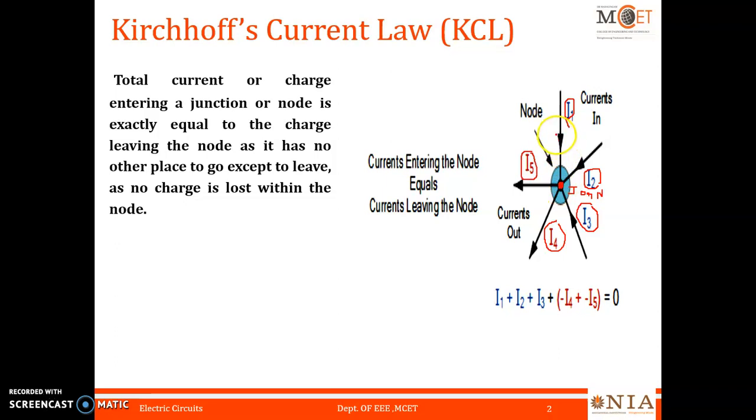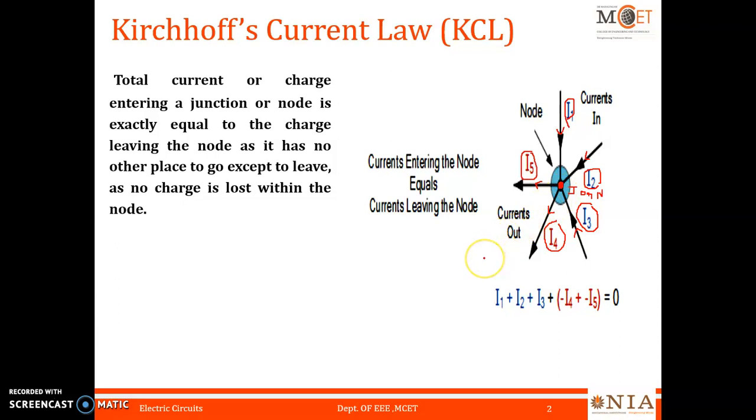If the arrow mark is towards the node, then it is the entering current. If the arrow mark is indicated in the outward direction, then it is the leaving current. So according to the statement, the algebraic sum of the current entering into the junction is equal to the algebraic sum of the current leaving away from the junction.